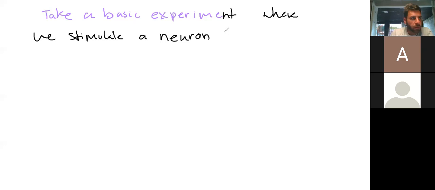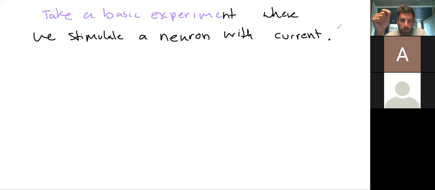So suppose we stimulate a neuron with current. So right now, imagine we have some nerve on a table in a laboratory, and we take some little device that we can stick into that nerve, and we can put electricity through it. We can put a current into it.